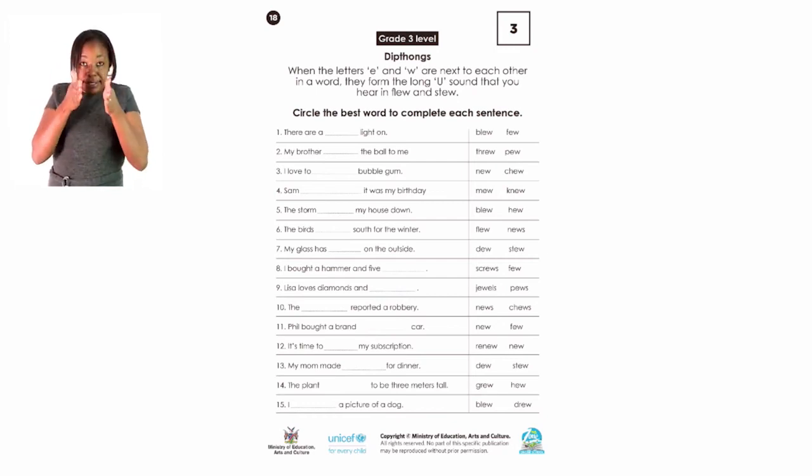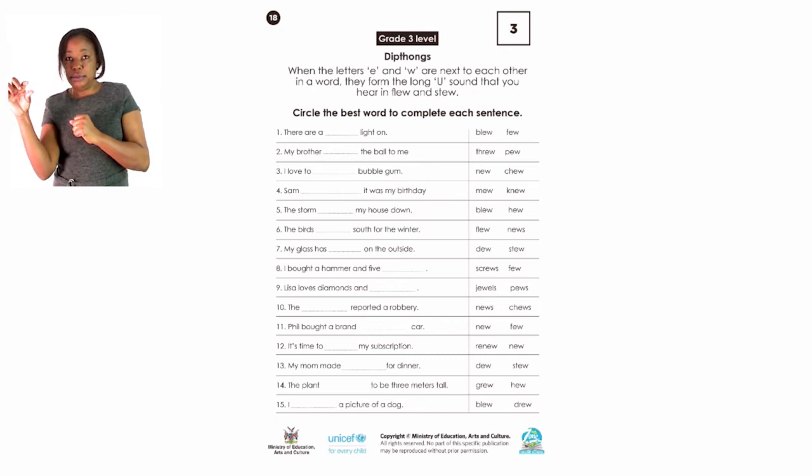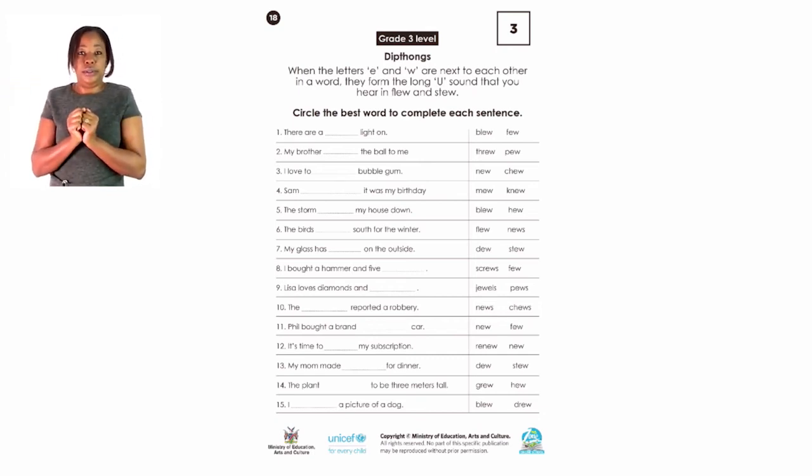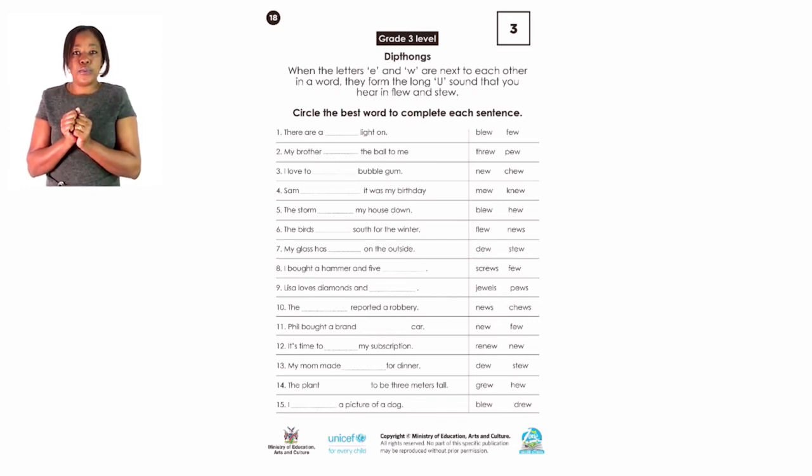My mom made for dinner. Stew, due. The plant to the 3 meters tall. Grew, hue. I a picture of a dog. Blue, drew. Okay, which word will best fit in the space provided in the statements on your left?